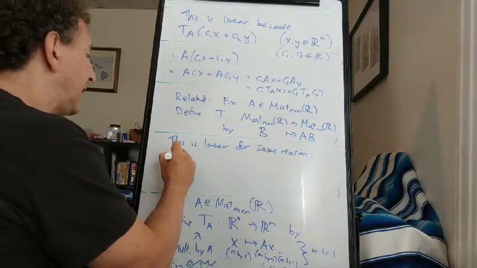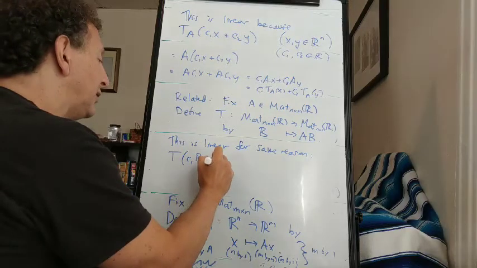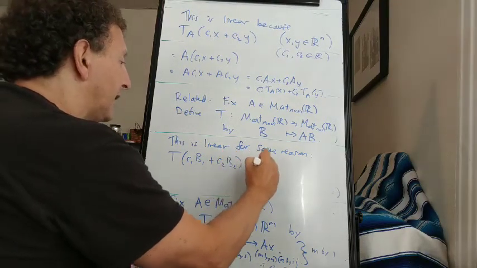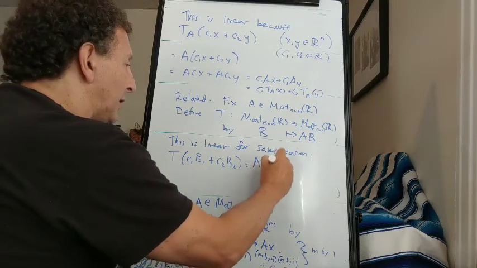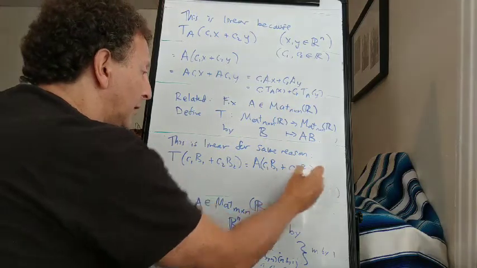That is, if we take T of c1, let's say B1 and B2 are two different matrices, that equals A times c1B1 plus c2B2.